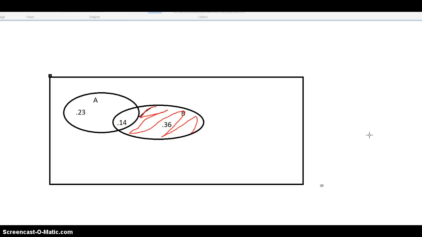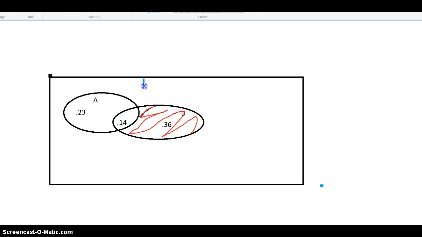The probability of all the possibilities is always equal to 1. So let's determine the area that falls outside both A and B. I'm going to use blue color.